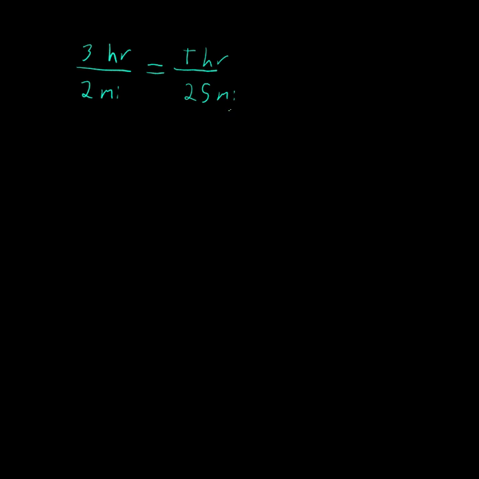We have 25 miles down here, so we would multiply both sides by 25 miles. These cancel, and the units here and here cancel, and we're left with 75 over 2 hours equals t.